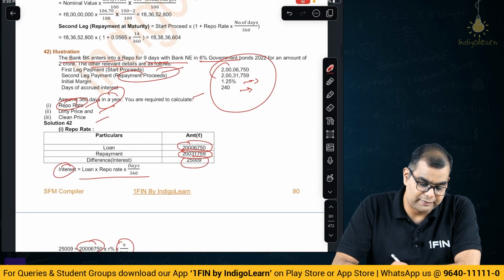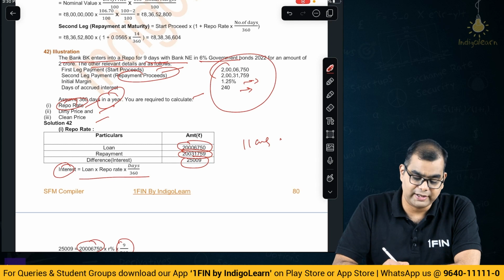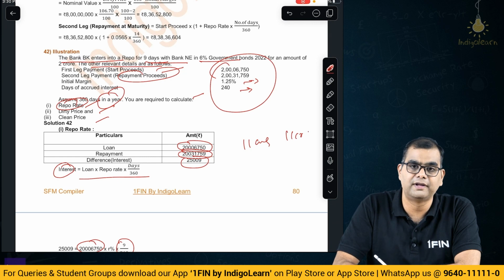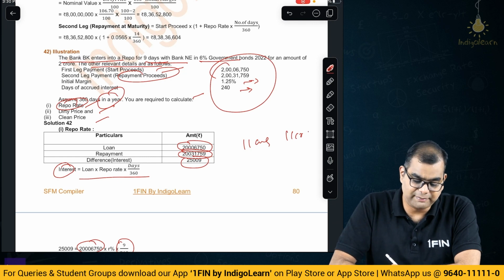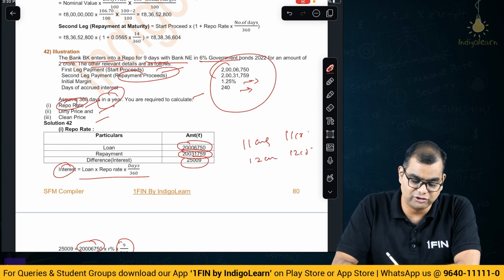I am going to give you a loan of, let us say, some 11 crores, by buying some security from you at 11 crores. Then I am going to sell it back to you at 12 crores, where I give back your security and you give me 12 crores.